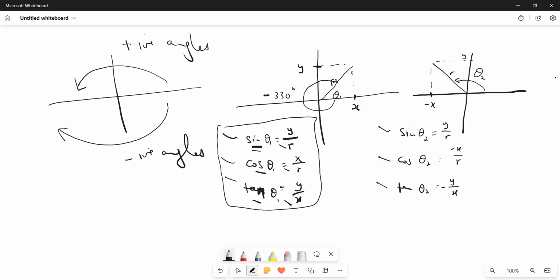But remember, I put an arrow from here, and you might think that I'm referring to just angles from 90 to 180, because the angles in the second quadrant are like that. But we are not restricting ourselves to angles between 90 and 180. Any angle works.